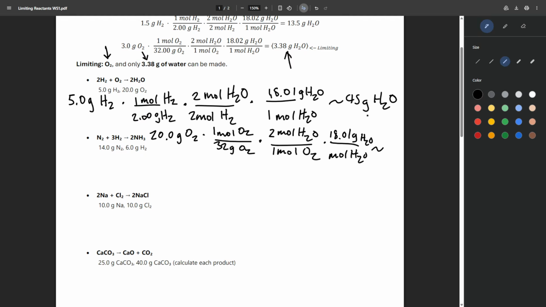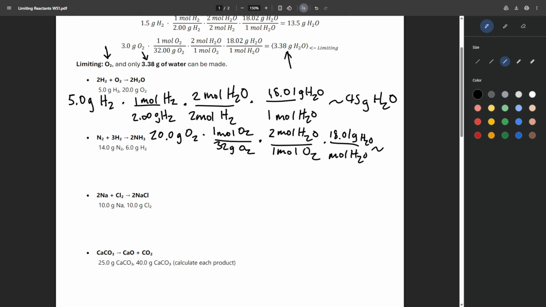So if we multiply this out, 20 divided by 32, that would be in the ballpark of 0.62. Times 2 over 1, that'll be 1.24 or 1.25 about. Or so. You can do the exact math.